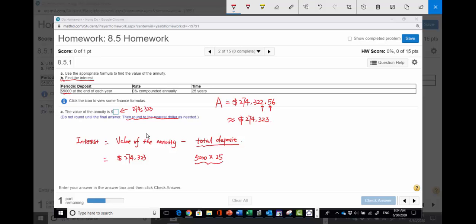This investment grows into this much after 25 years, so the difference is the interest earned. Do a simple subtraction, then you will have the answer. The answer will be $149,323. This is the interest earned for these 25 years.